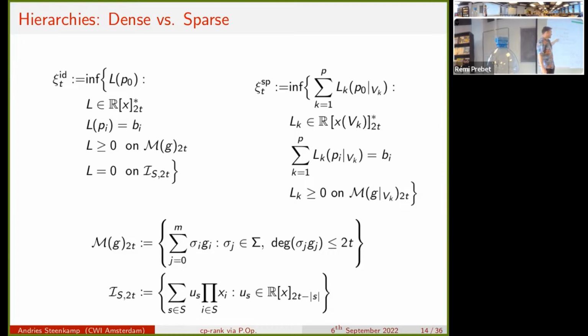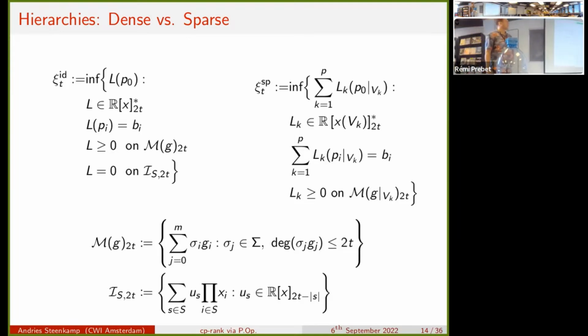You have non-negativity on the quadratic module, and non-negativity on the restricted quadratic module, which is the support quadratic module. You have ideal constraints, and then you have no ideal constraints. This is important: the ideal constraints are absorbed into the VKs, into the LKs in terms of their supports. And then just to recall what the quadratic module and the ideal are, how they're defined.